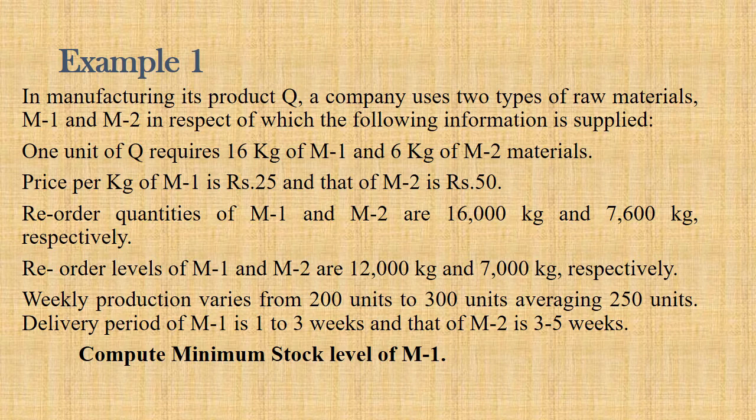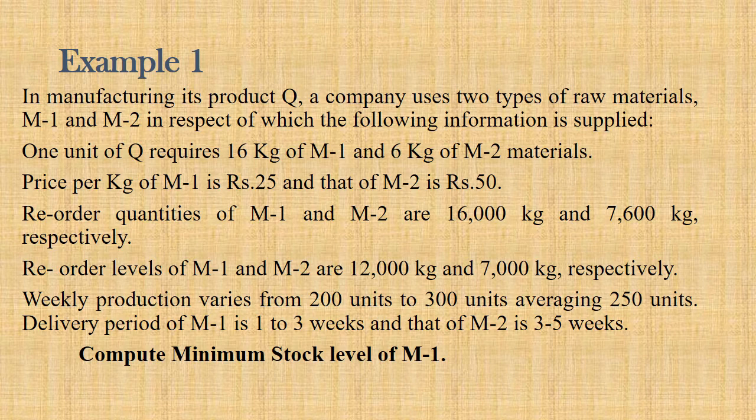In manufacturing its product Q, a company uses two types of raw materials, M1 and M2, in respect of which the following information is supplied. 1 unit of Q requires 16 kg of M1 and 6 kg of M2 materials. Price per kilogram of M1 is Rs 25 and that of M2 is Rs 50. Reorder quantities of M1 and M2 are 16,000 kg and 7,600 kg respectively.